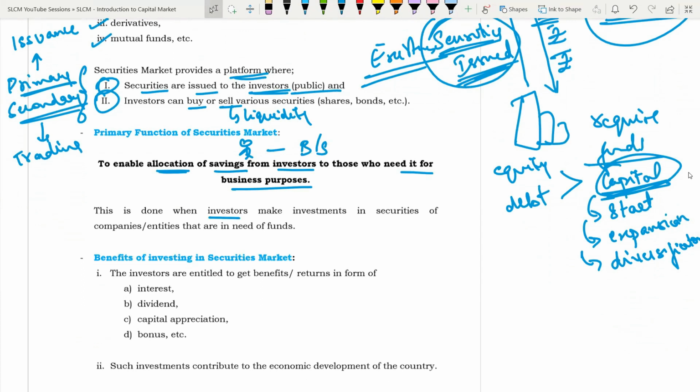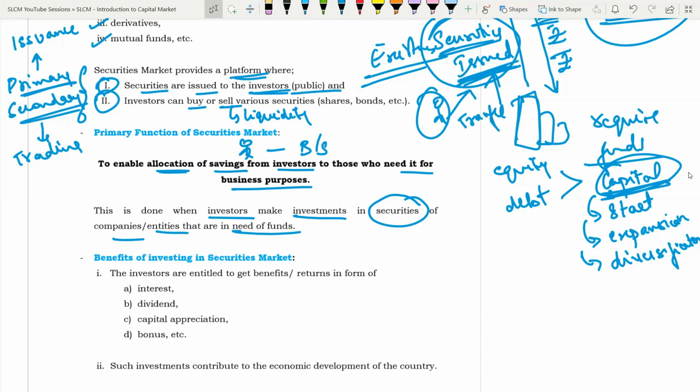This can be done when the investors make investment in the securities of the companies and entities which are in need of funds. So the business houses are going to issue securities, and the people are going to make investment in these securities. That is how there is going to be a transfer of money, transfer of funds between people who have savings to the people who are in need of that money. And this is the primary purpose of the securities market.